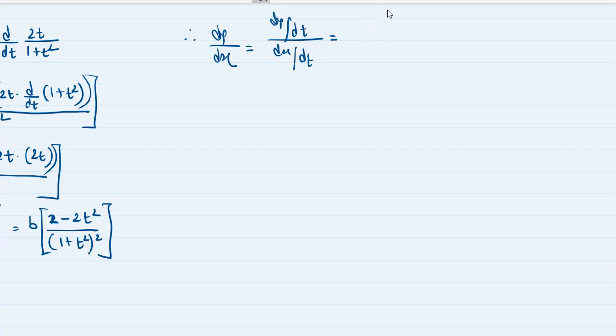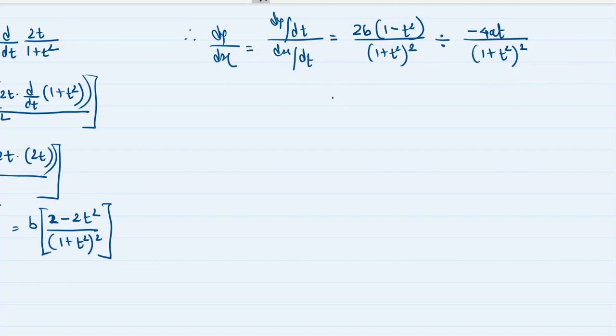Okay, so we have got 2 bracket 1 minus t square upon 1 plus t square the whole square, divided by minus 4at the whole upon 1 plus t square the whole square.